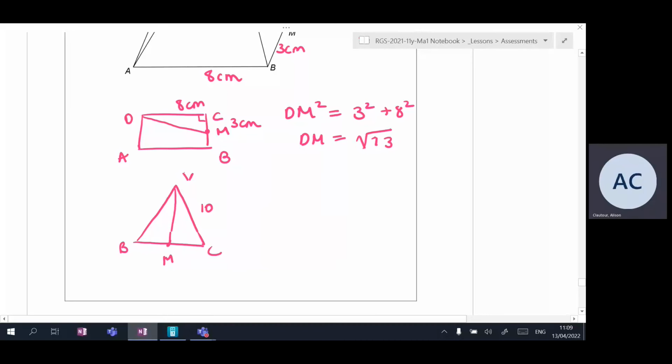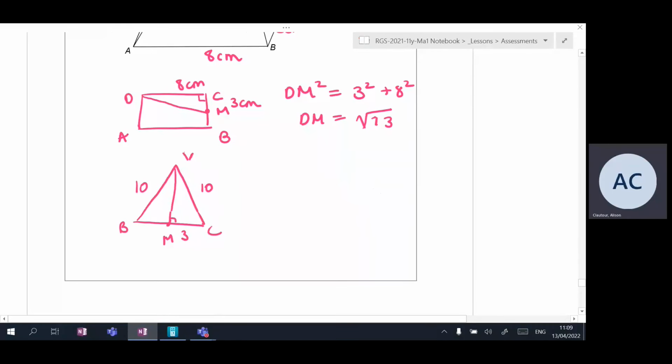We know the sloping sides are 10. We know this is an isosceles triangle because all the sloping sides are 10. So again, we've got a right angle triangle because you're just splitting an isosceles triangle in half.